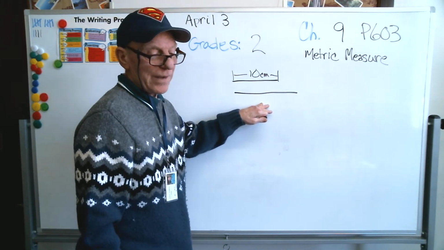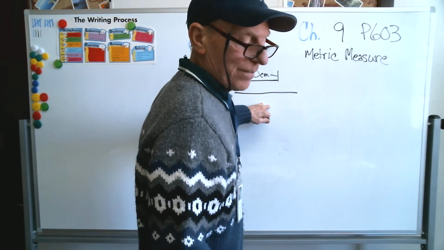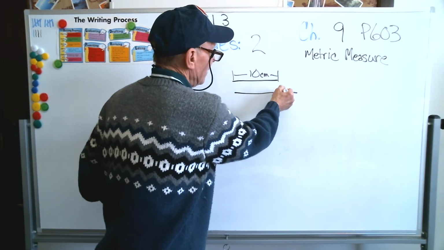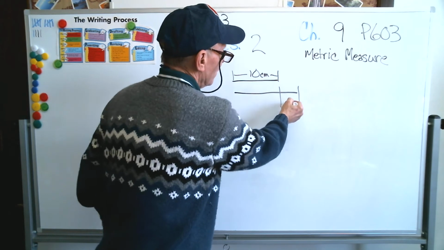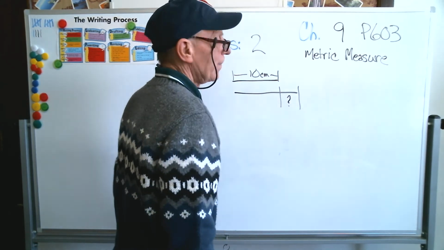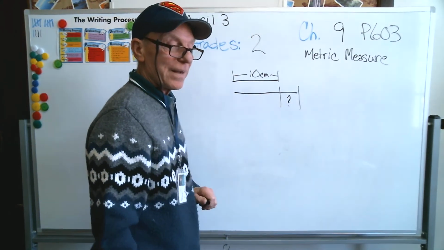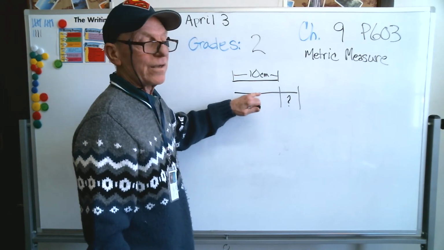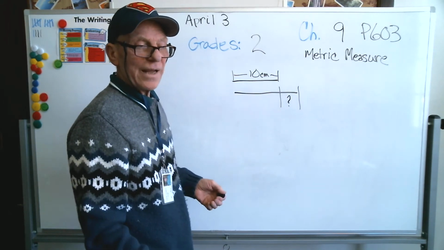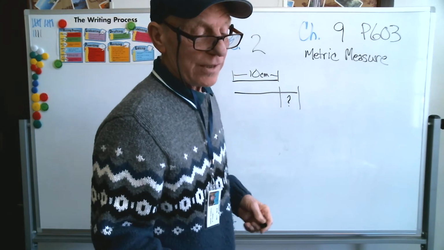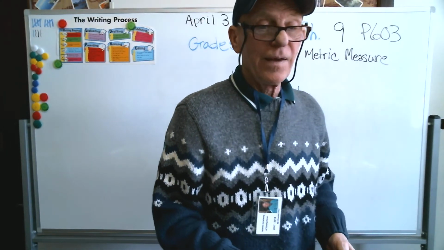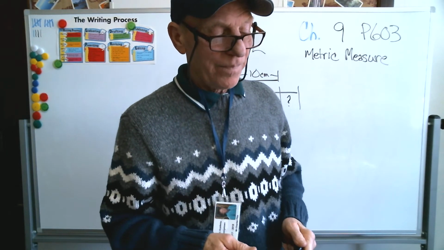Well, I'm going to guess that the ribbon is just this much more in length than the pencil. So it's going to be not too far from 10. And one of your answers there is 13. That would be my guess.